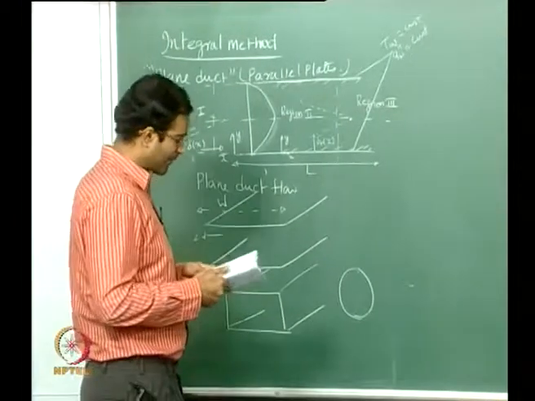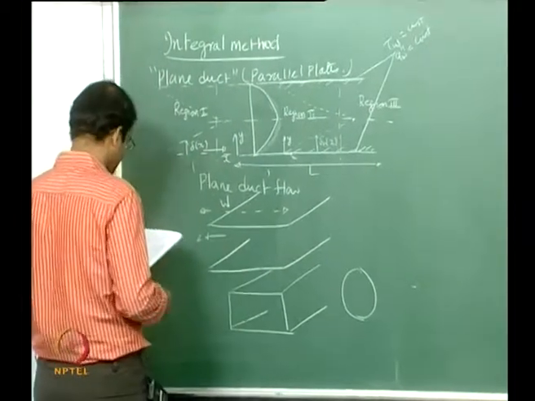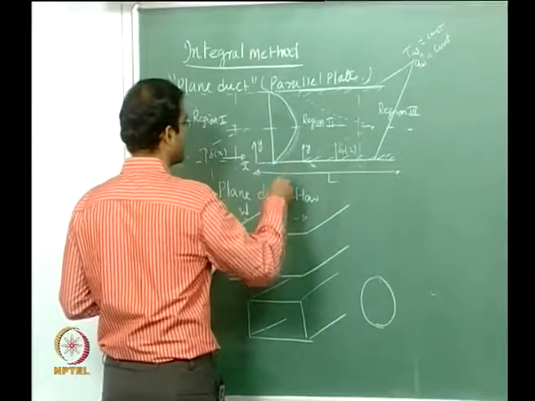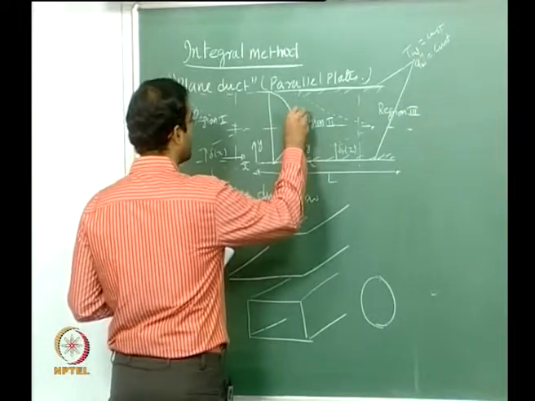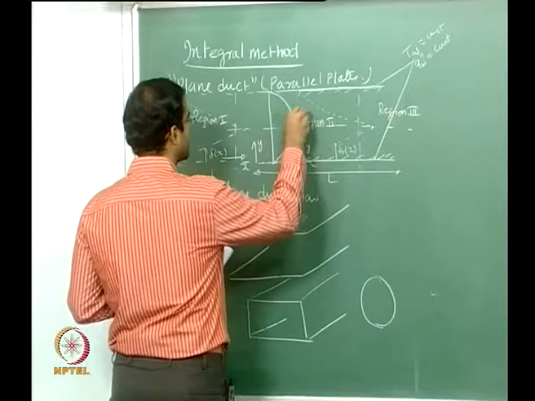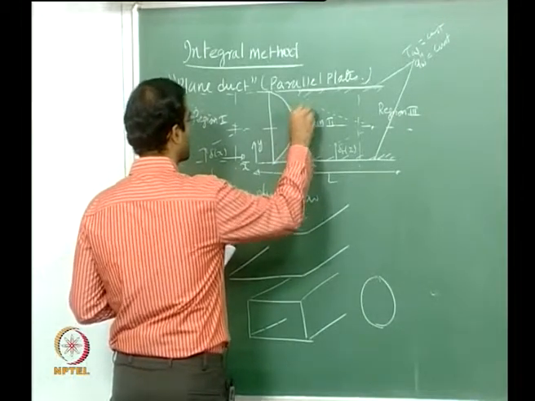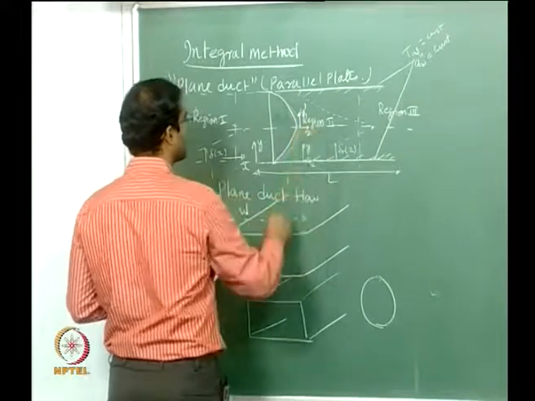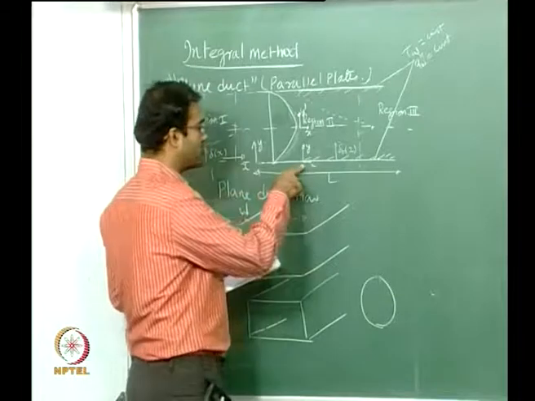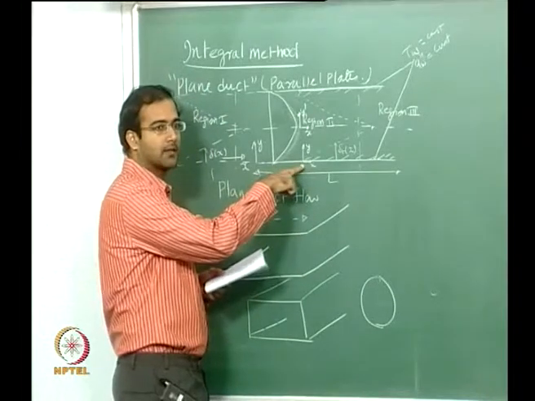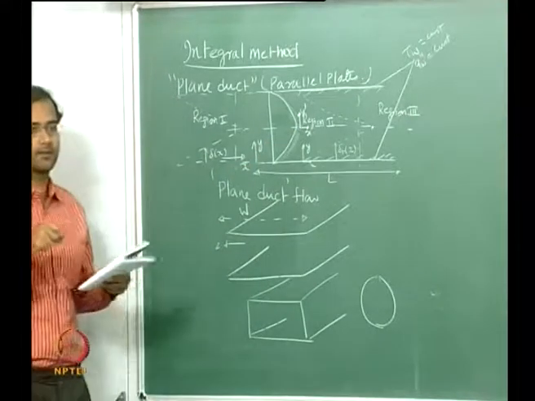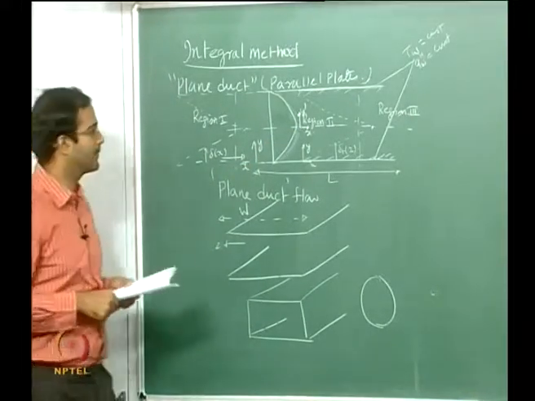Alright. So we will have a coordinate system where we will start from here, and at the center of the duct I will use the coordinate system y prime and x. The one which is starting from the bottom plate I will call y, and the one which is starting from the center of the plate I will call y prime.